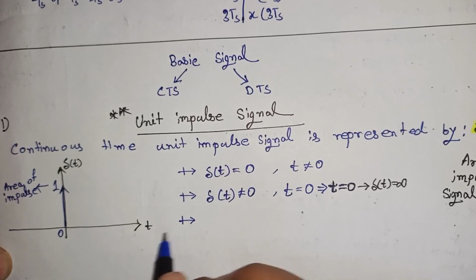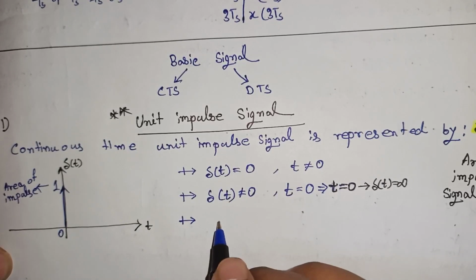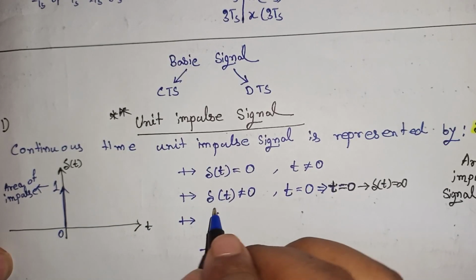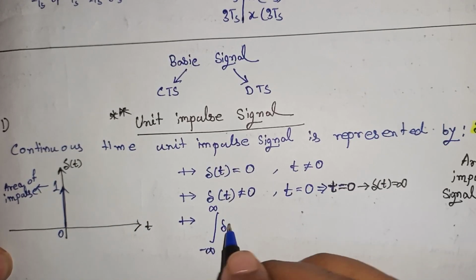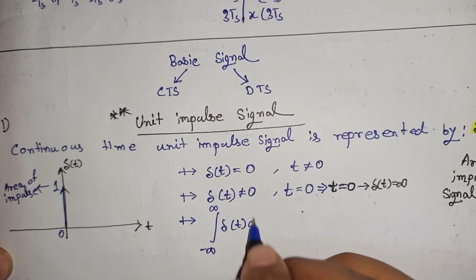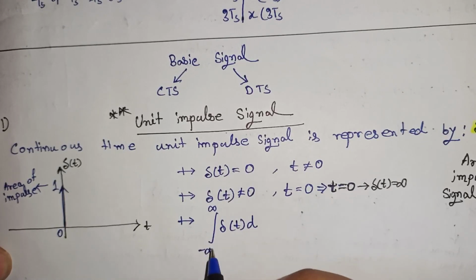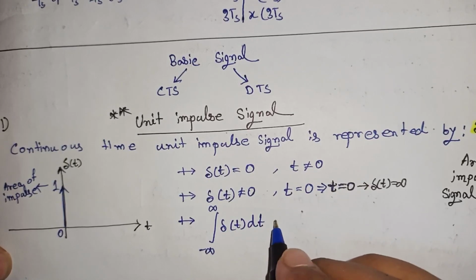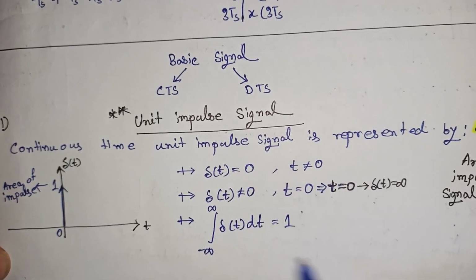And last one is, if we define the area, which is represented as integration from minus infinity to infinity del t dt equals to 1.